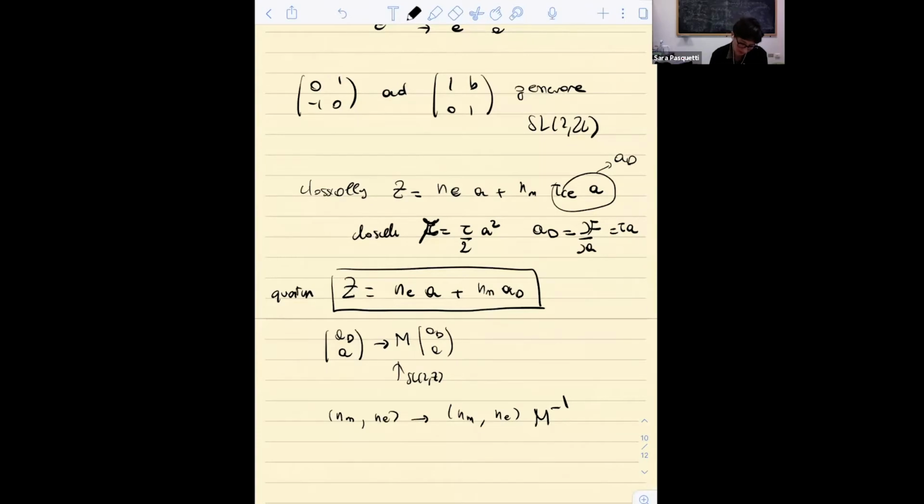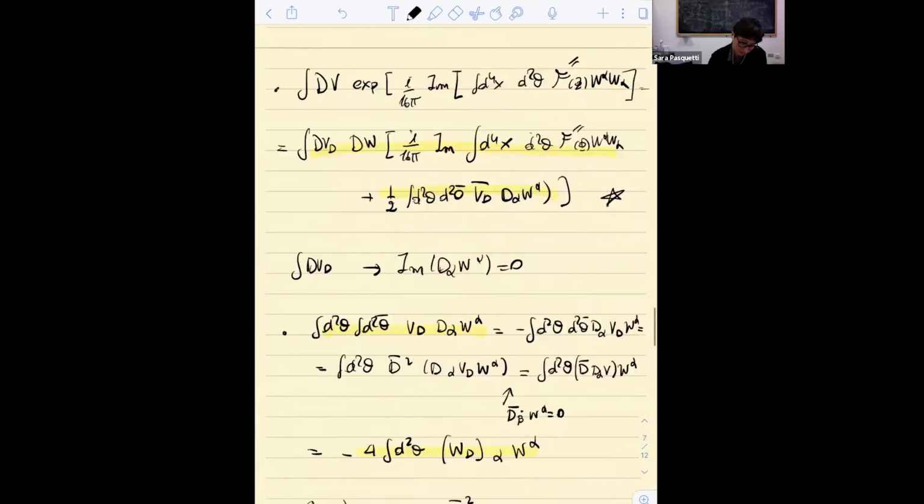So I introduced this invariance, this possibility of coming up with equivalent descriptions of the low energy effective action, to solve the problem that we had some minutes ago.